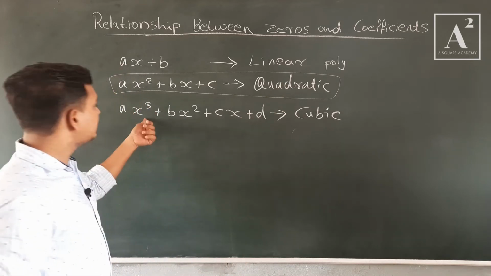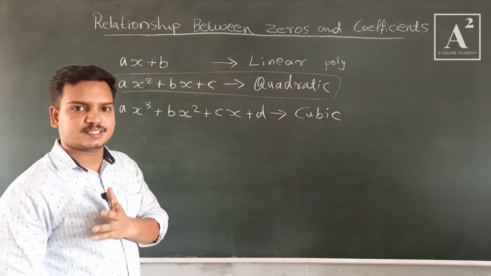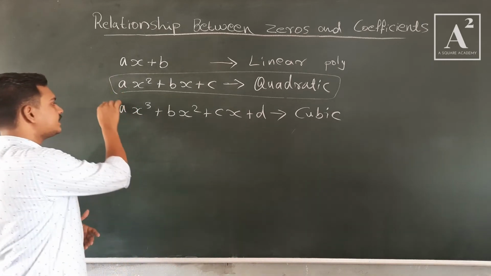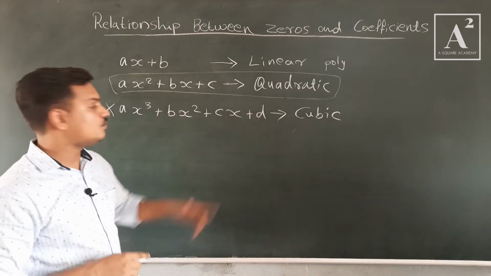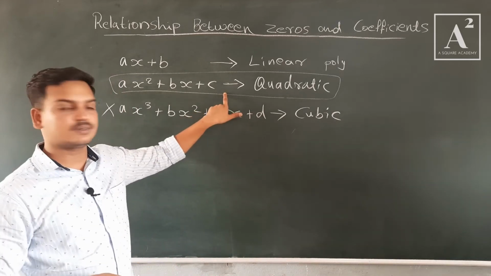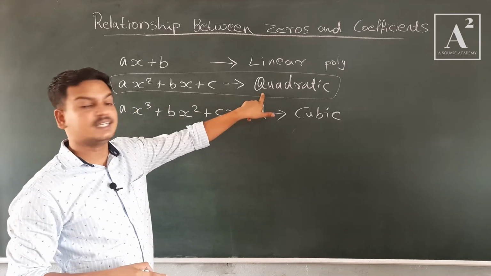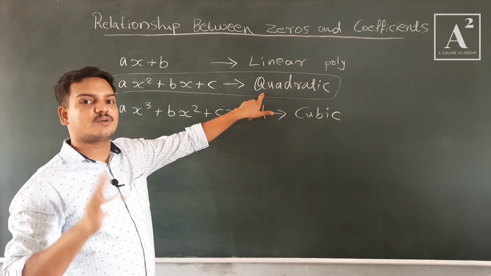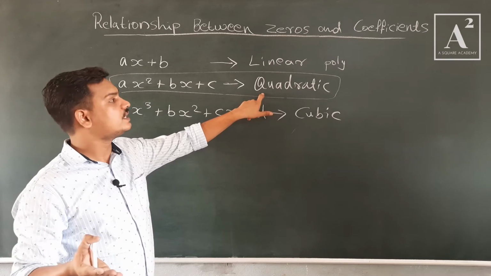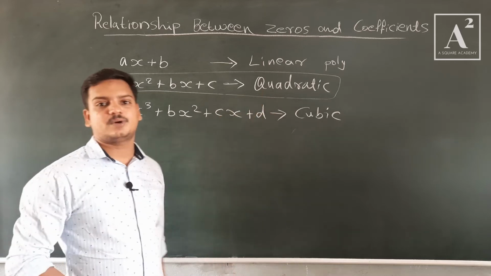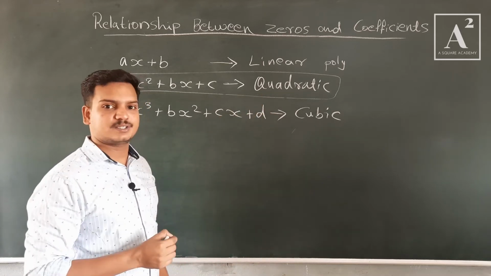The cubic polynomial is given inside the textbook, but from an exam point of view, it is not important. We are only sticking to the quadratic polynomial, its zeros and the relationship between the zeros and coefficients. I hope you understood this.